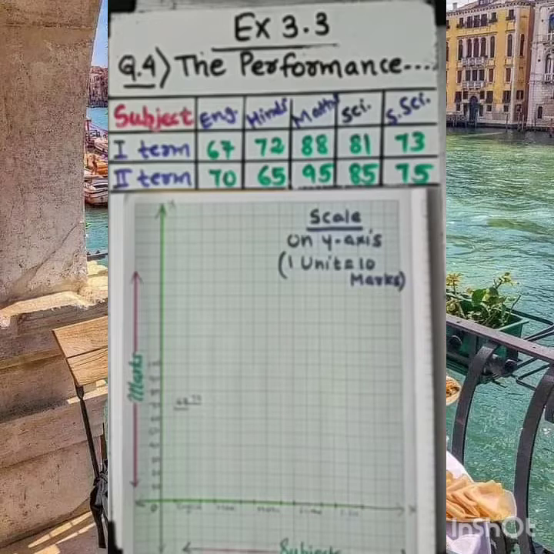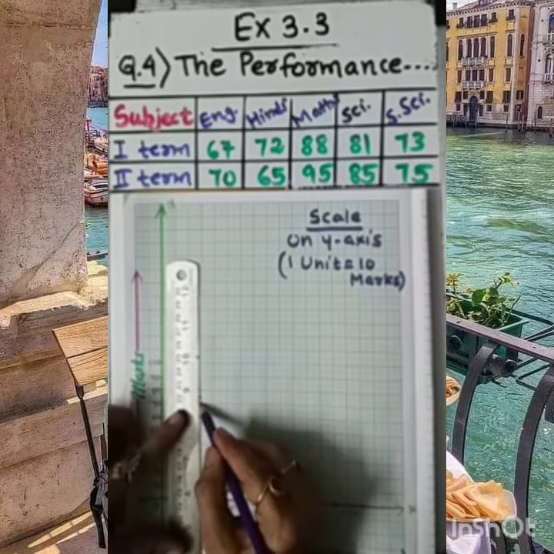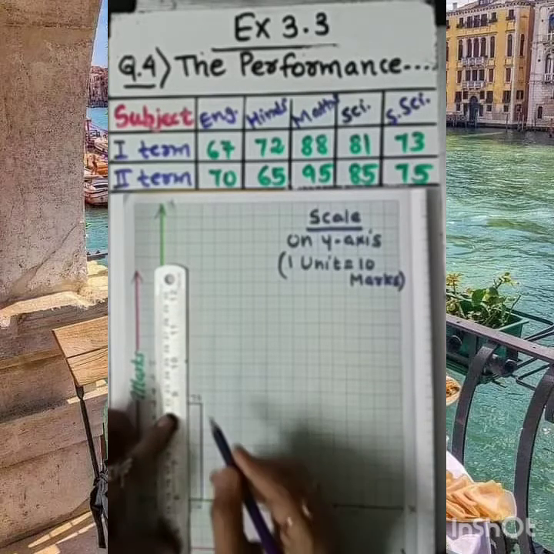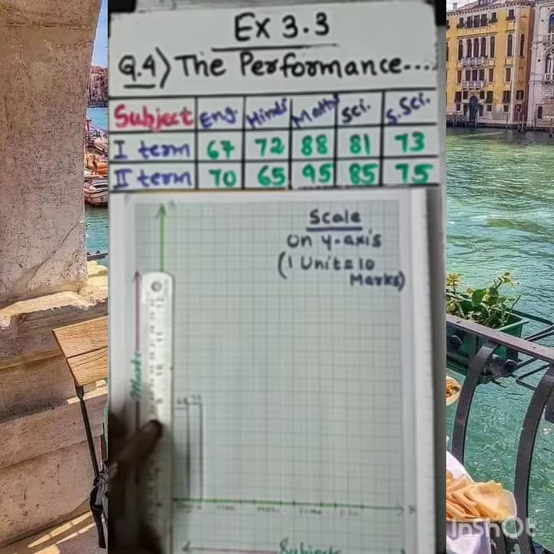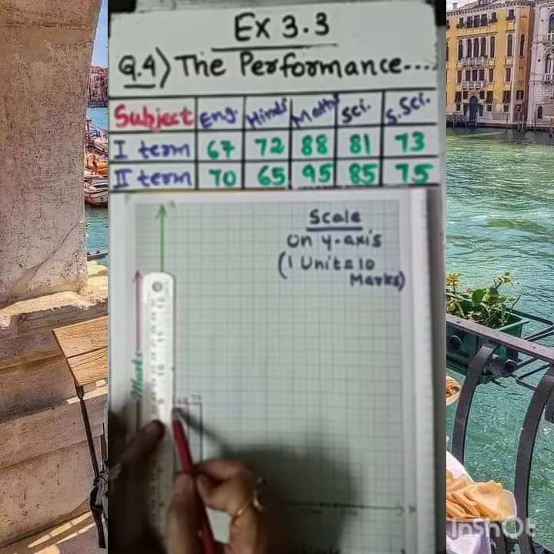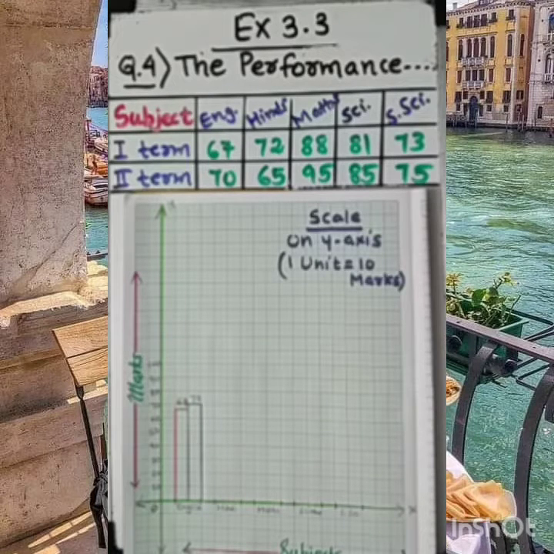Now using my scale, I am drawing a vertical line joining these. This much portion, and this portion is indicating the first term. So this is the first graph for the English subject. The first double bars for the English subject we have done.